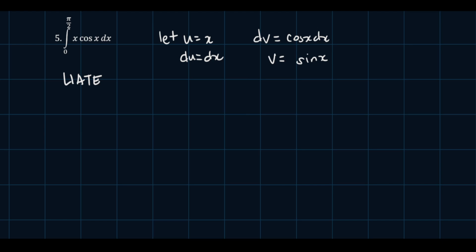So using integration by parts, this is uv minus integral ng v du. Then ito, we will evaluate this from 0 to pi over 2.